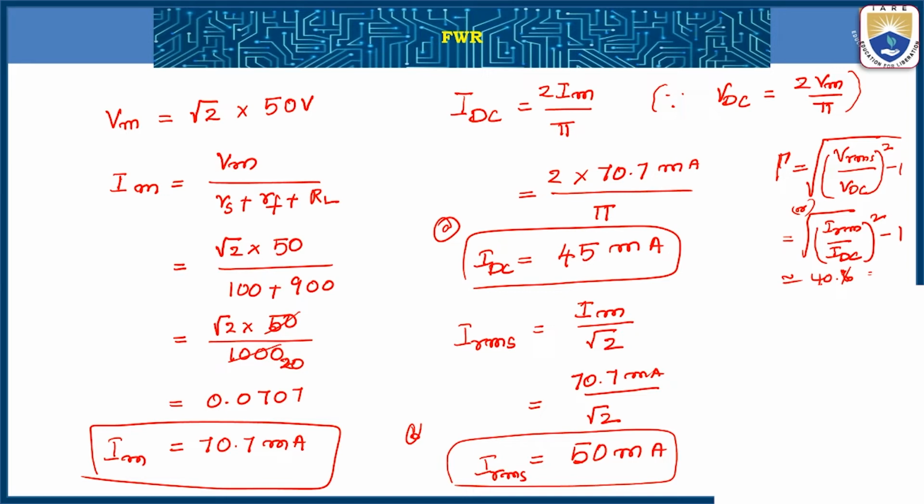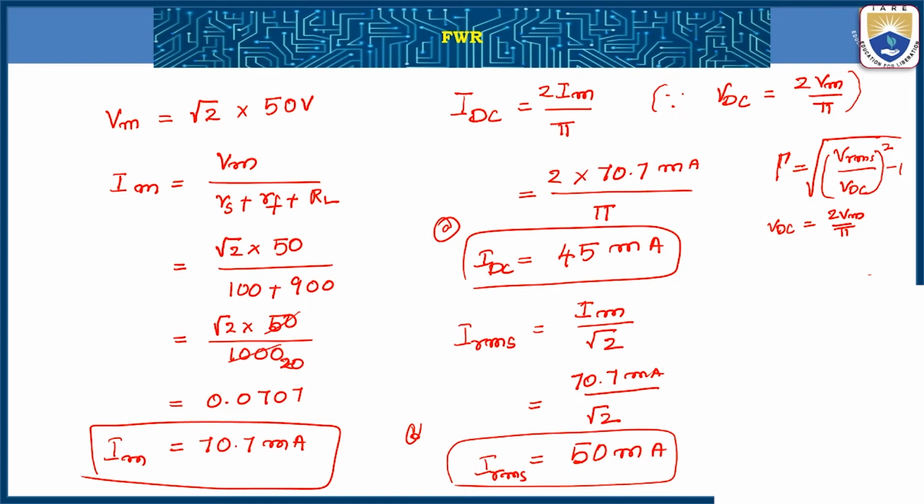And for efficiency, once we know VDC and VRMS, you can directly use the formula VDC is equal to 2 Vm by pi. We know Vm is root 2 into 50. So 2 into Vm by pi gives you VDC, and Vm by root 2 gives you VRMS.